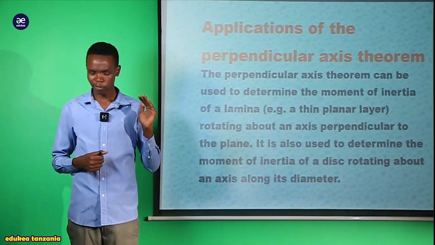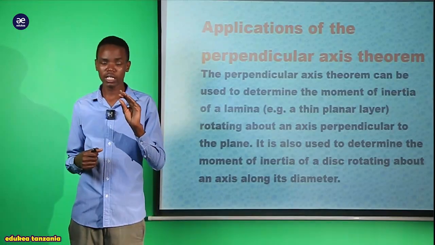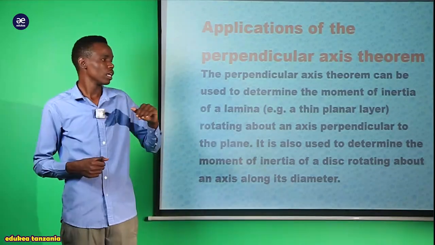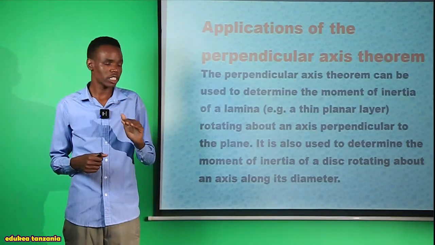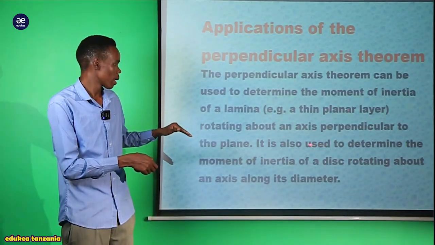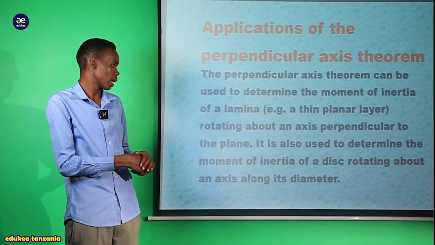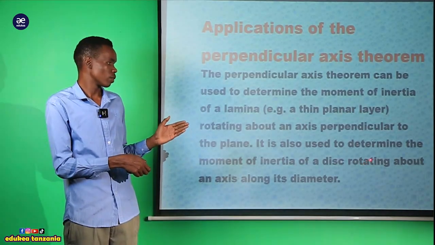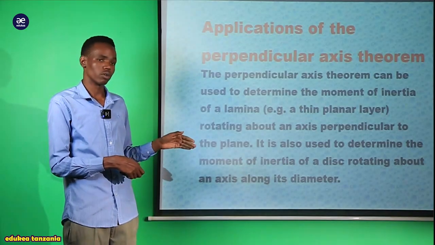Here we are going to see many things, how this perpendicular axis theorem is used for the purpose of determining the moment of inertia either for the planar layer or for the lamina, and also for the disk rotating along the diameter.